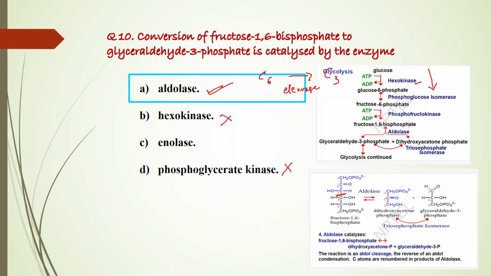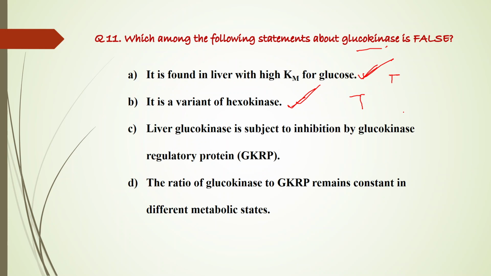That was true for hexokinase. But in the case of glucokinase, that is not the case. Glucokinase is also converting glucose to glucose 6 phosphate, but this formation is not inhibiting the activity of glucokinase. So in this manner, hexokinase and glucokinase are different.